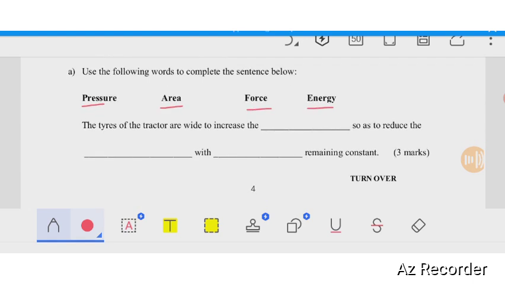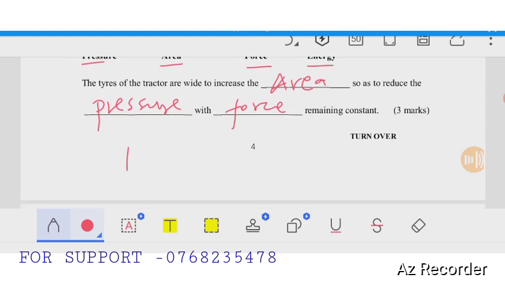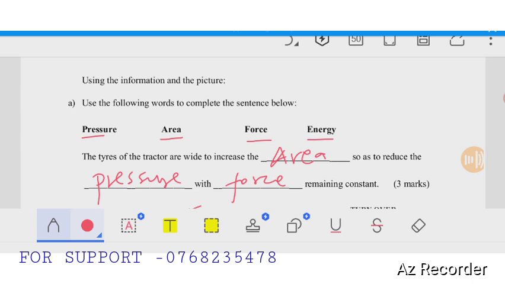Tires of a tractor are wide to increase the area, which is the surface area, because when we increase the surface area, we reduce the pressure, with the force remaining constant. Remember, pressure in solids is equal to force over area. So we're just playing with this formula when filling this question, as simple as that.